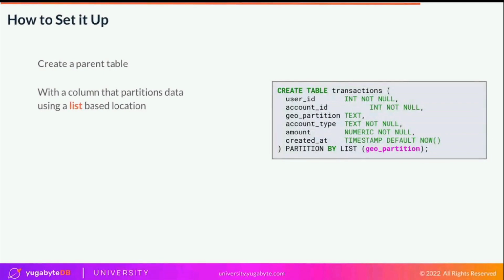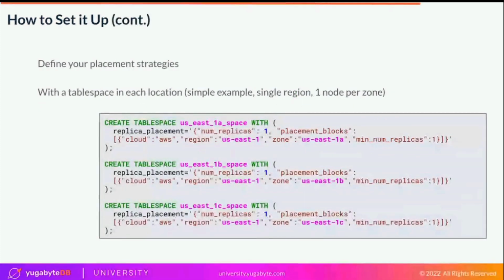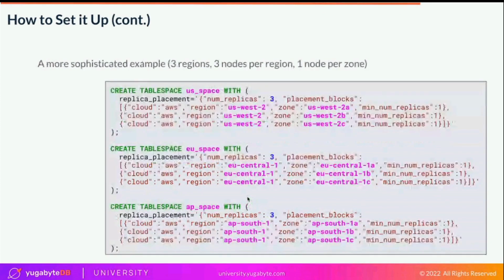Here's an example of our transactions table using a list of the values of geo-partition. And we created our tablespaces. Essentially, what concerns us is not storage, but where that space is, so where the nodes are that belong to a specific cloud region and zone. And this can be more complicated. If I have more nodes, I can define this with more replicas and the like.